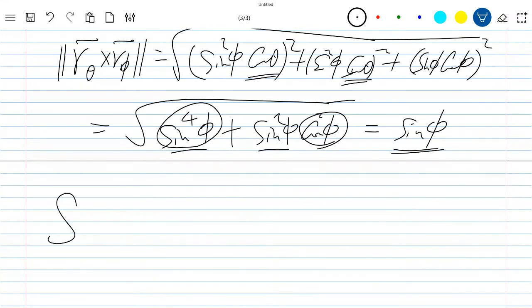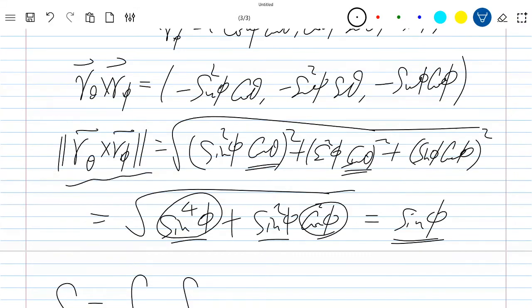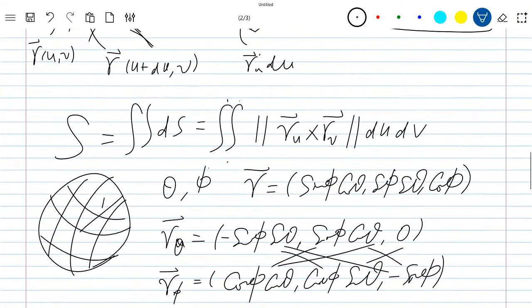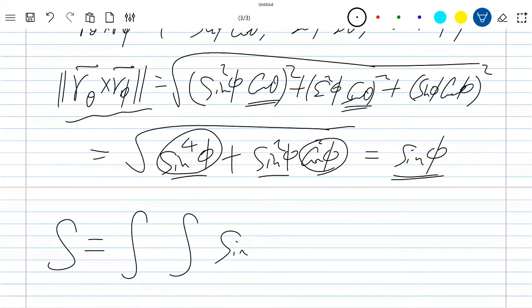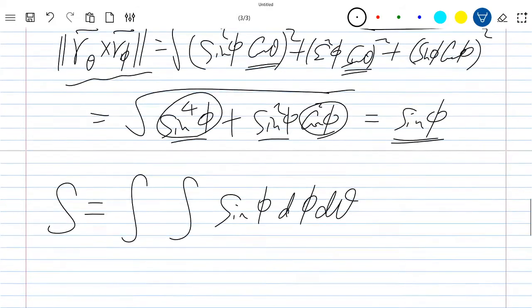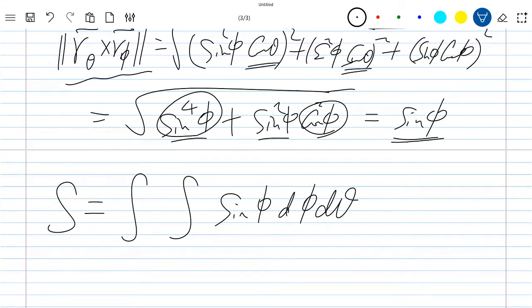Alright, so the total surface area is, remember, this term times d phi d theta, right? So you have sine phi d phi d theta. Does this look familiar? That's exactly what we learned earlier, right?